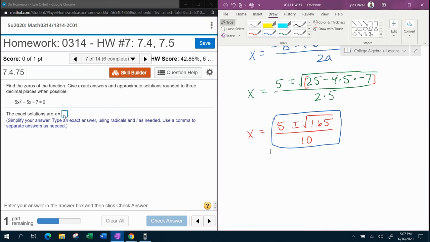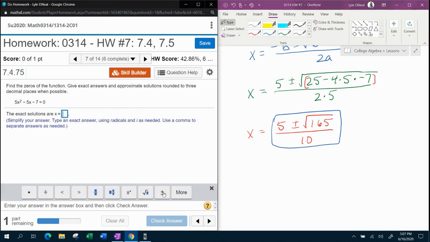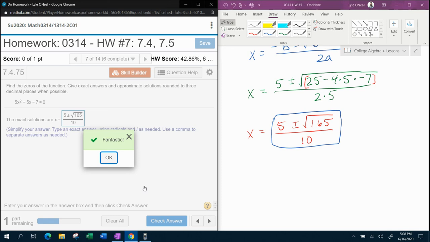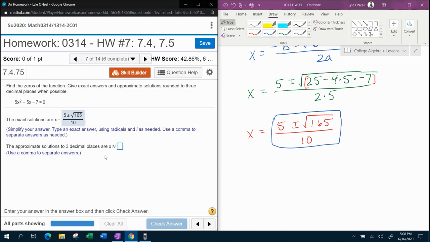We're going to need to put these in over here, and I do notice I've got the plus minus option. So we're going to try to input that: 5 plus or minus square root of 165 all over 10. Fingers crossed. Bam.